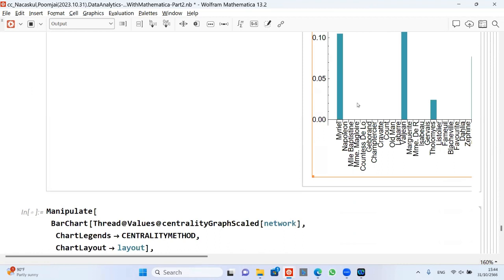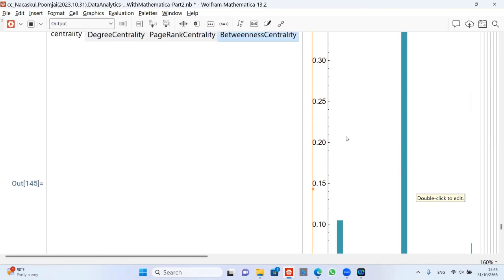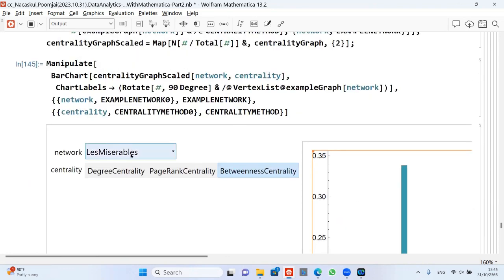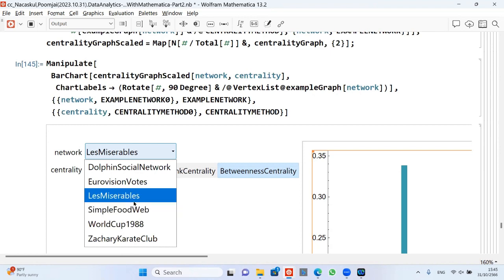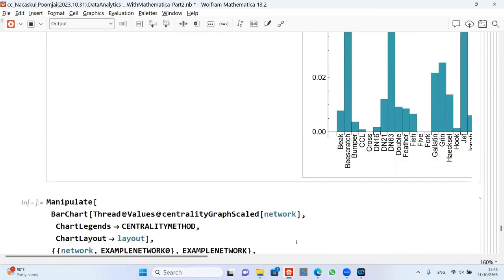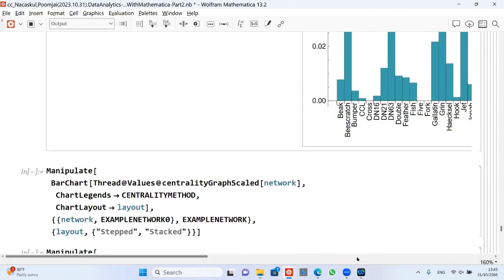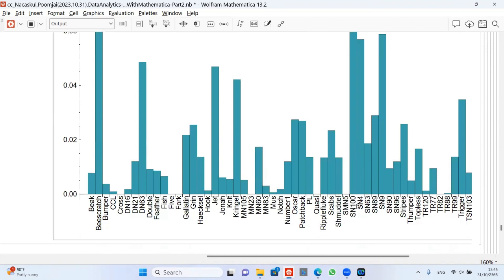To get from one character to the next, chances are you have to pass through this guy, Lao Qian. Have you seen the play? Do you remember? This is apparently a very important character in this play. If not, let's go to the Dolphin Social Network. If you want to spread gossip amongst dolphins, you should gossip to SN100.